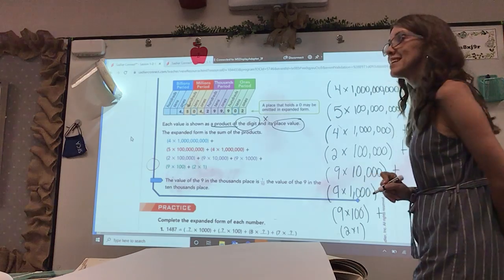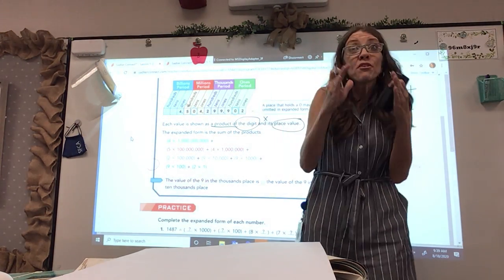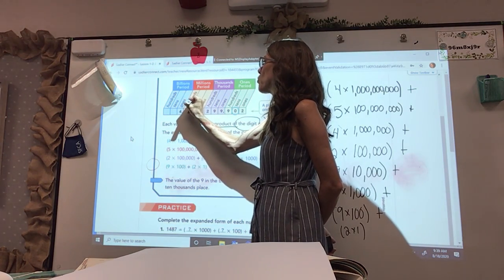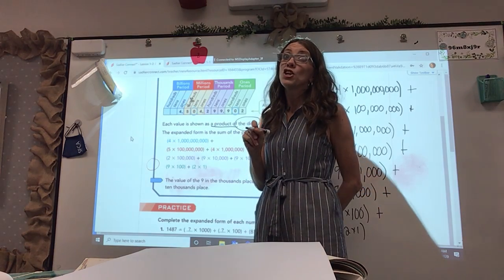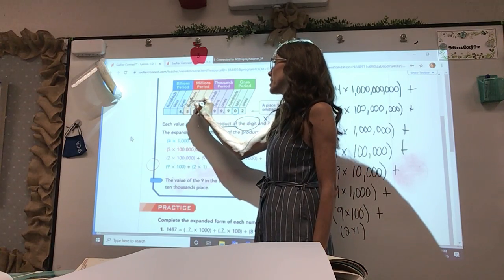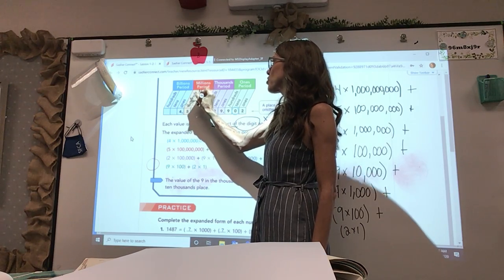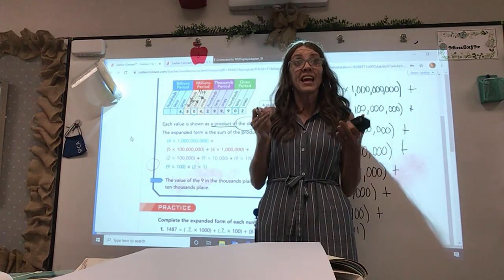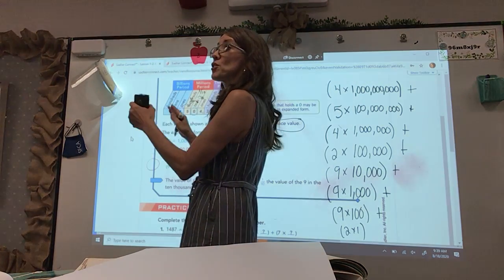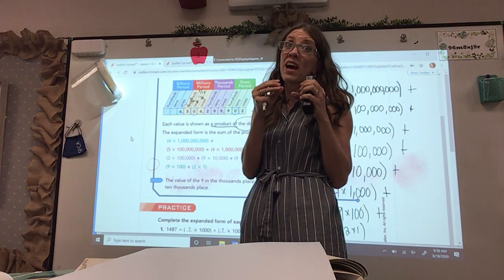Then what happens? It divided by 10, exactly. It decreases by 10 times. So its value is actually only worth 1/10. You could either say you divide it by 10, or you could say you multiply it by just a 10th. And then you do it here, and you either say, I divide the value by 10, or it's worth 1/10 as much. We're going to say, if you move it to the left, it's worth 10 times as much. If you move it to the right, it's worth 1/10 as much, right? It's only a tenth of its value.